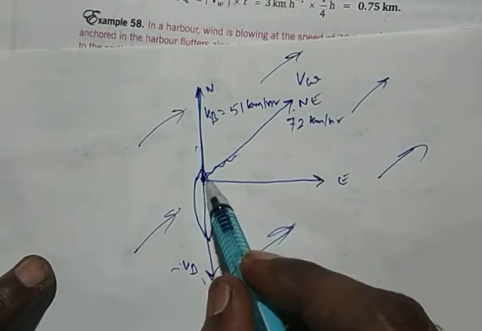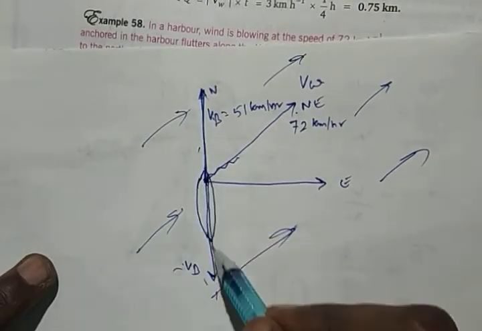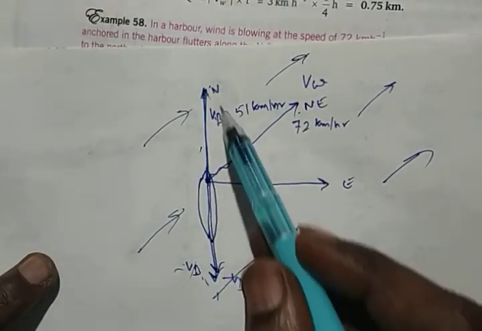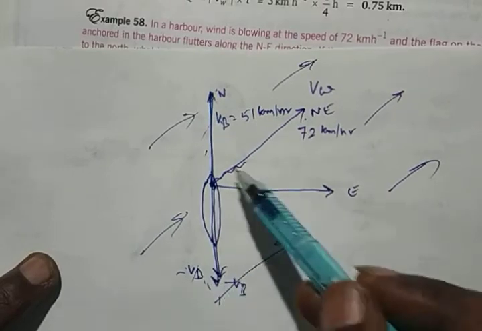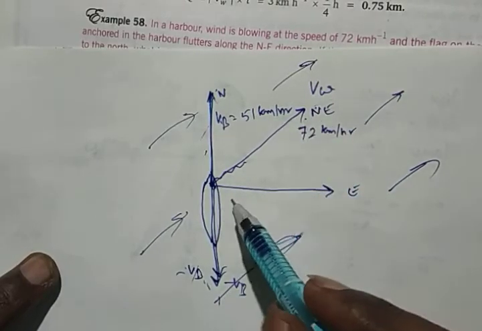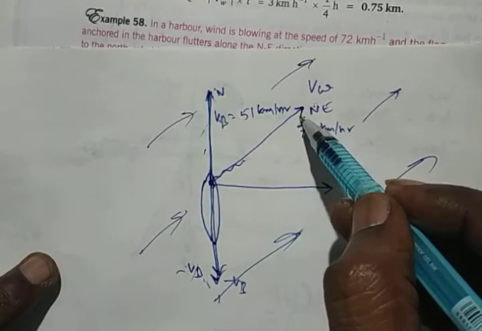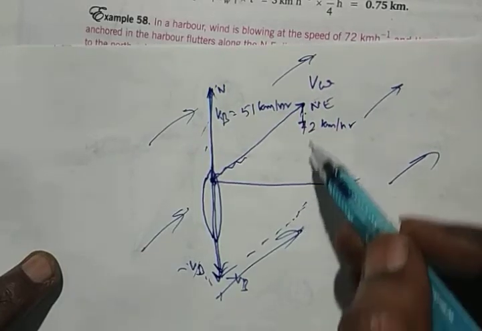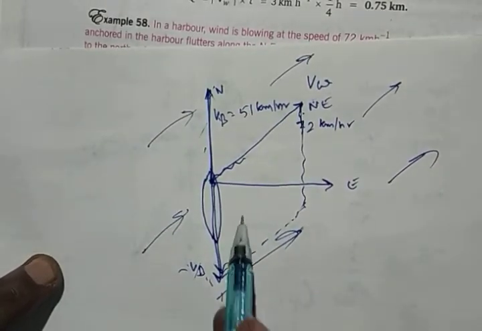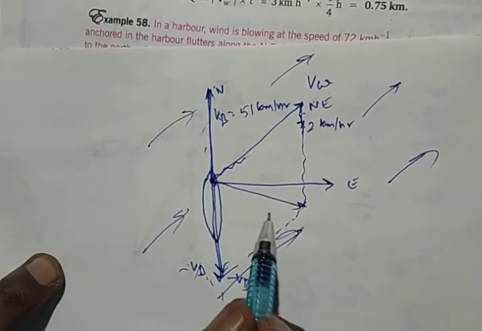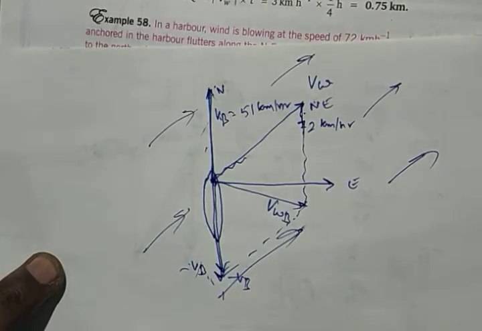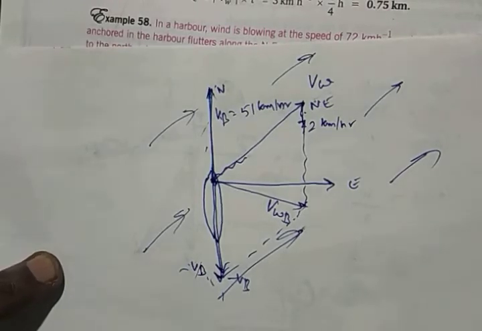One time we put it for this one, another time we need to put minus VB for the other one also, so that both are taken to rest. Then somewhere here we'll be able to see the velocity of the wind and the boat together, and you will see the final velocity coming in this direction.